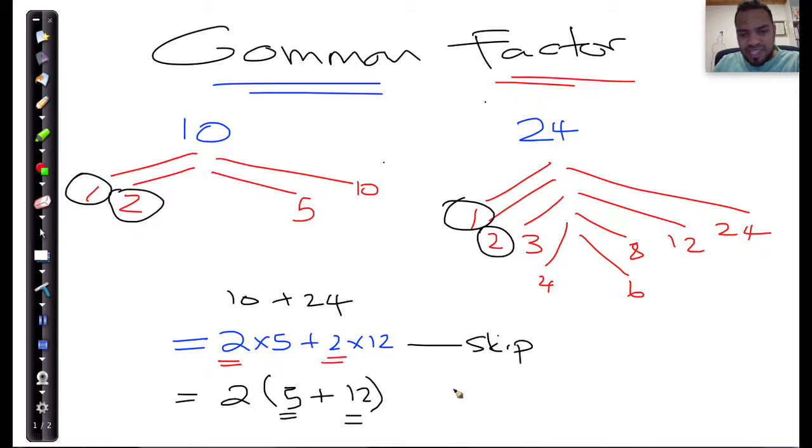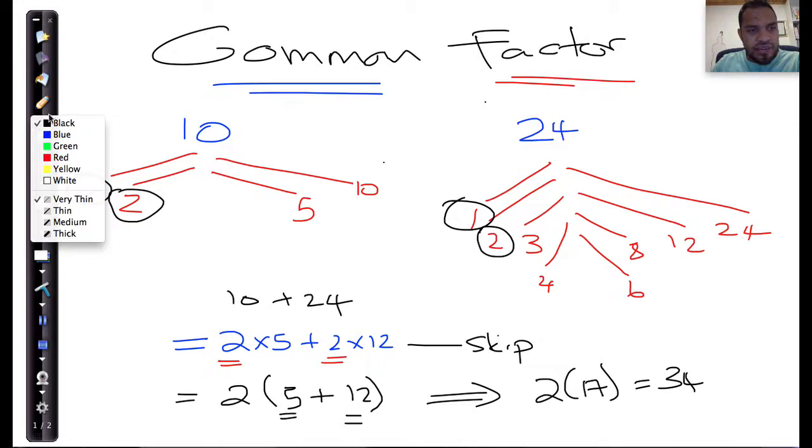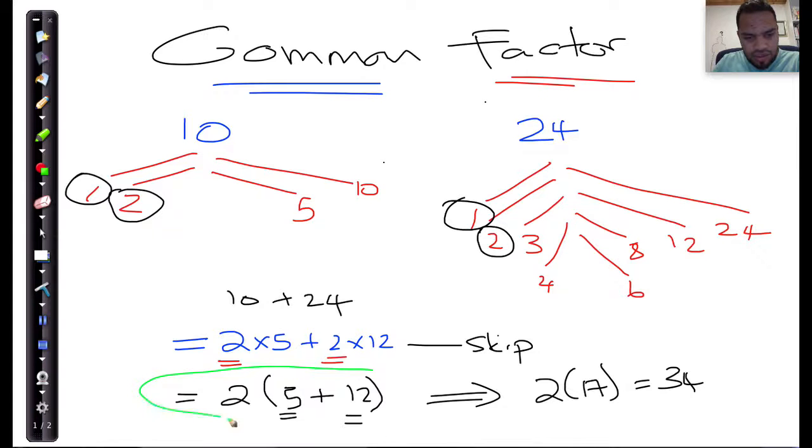And really, this is the equivalent of 2 multiplied by 17, which is equal to 34, and that's exactly what we got earlier. But I want you to carefully look at this and see that this is called my factorized expression because it's something multiplied by something. This is also a version of the factorized expression, so both of these are valid factorized expressions.